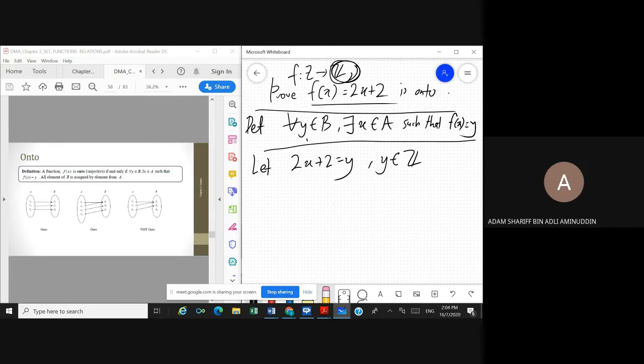Then what is x? For this y, which is an integer, what is the value of x? Jadi, 2x, x equals (y - 2) over 2.